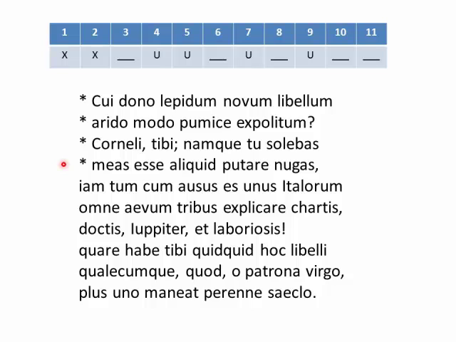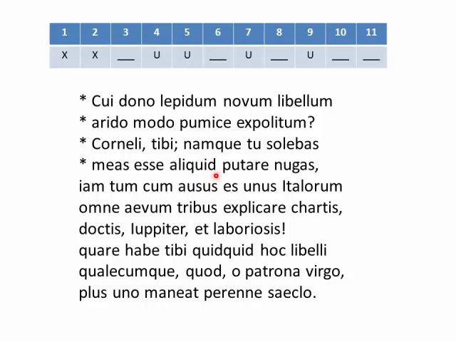Put me on pause and try to do the 4th line. Okay. The E is short by nature. It is extremely rare that Latin will have 2 long vowels together. The A is long by nature because it's an accusative plural feminine of the first declension, which you know from your elementary grammar. Or if you don't, it's going to come back to you by doing scanning. So here we have, as we did in the first line, dadi, meas, es, elision, aliquid.